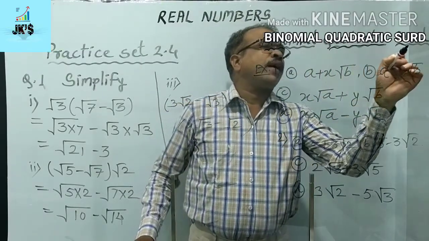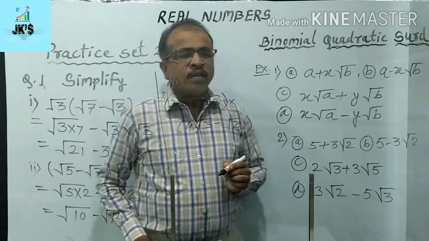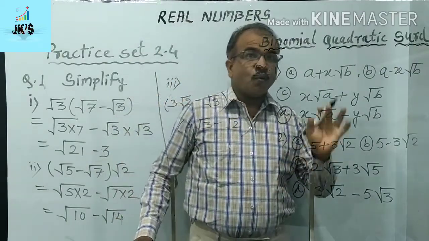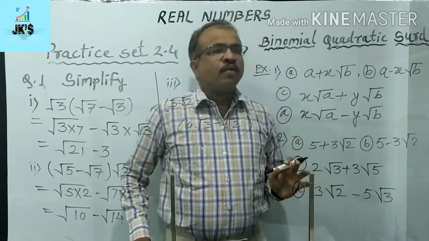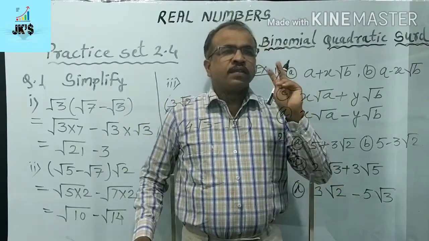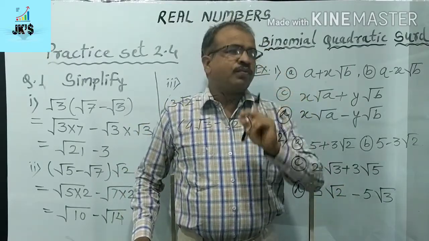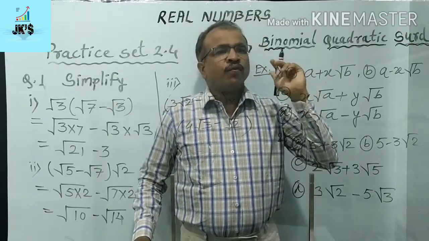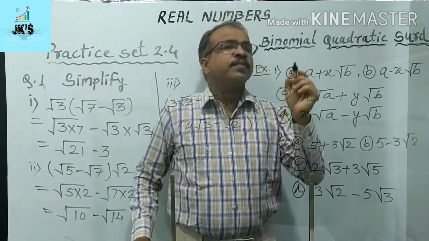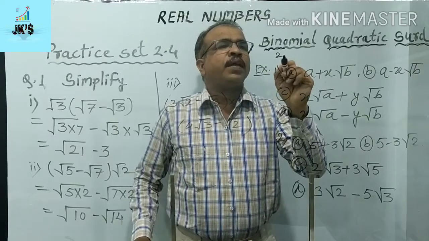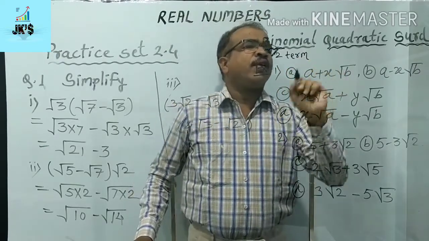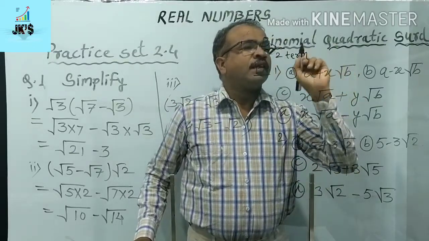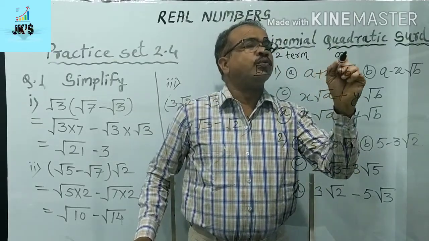Binomial quadratic surd. At first, what is meant by binomial? Binomial means two, which has two terms. Binomial means two terms, and quadratic means its order is two.